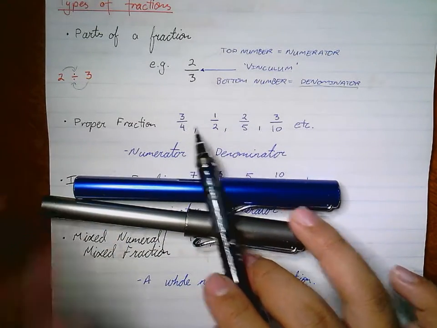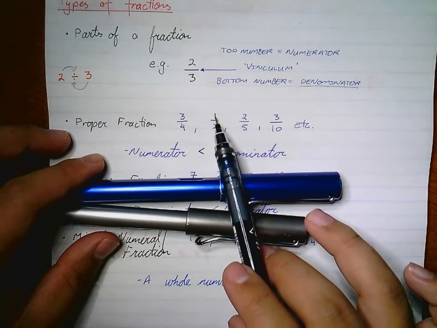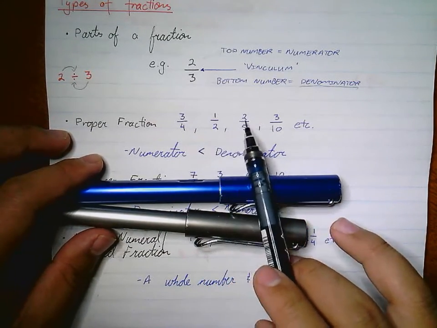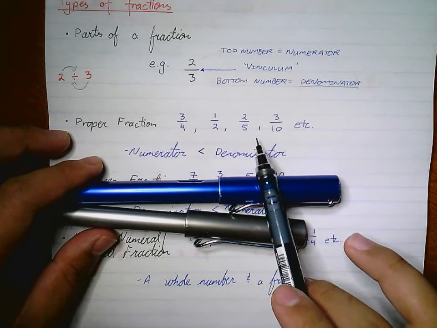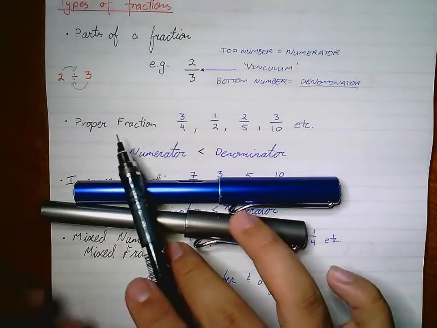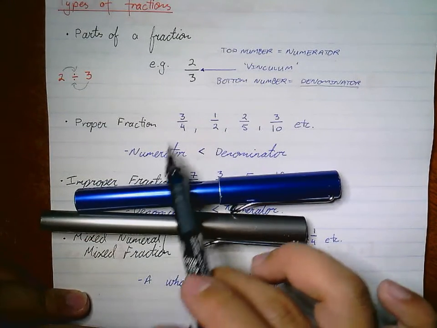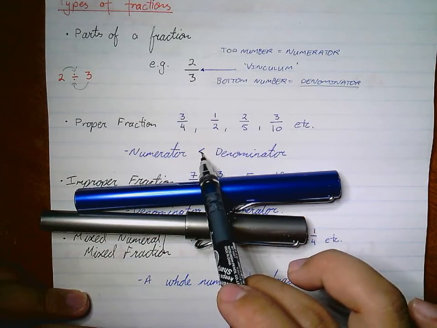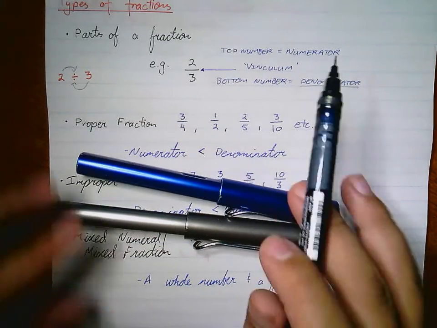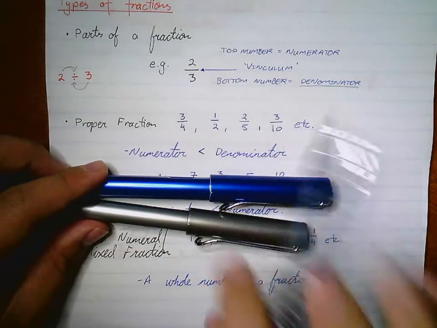These can actually also be pronounced 3/4, 1/2, 2/5, and 3/10, and so on. Proper fractions are distinguished by the numerator, so the top number, is less than the denominator. So the number on top is smaller than the number on the bottom.